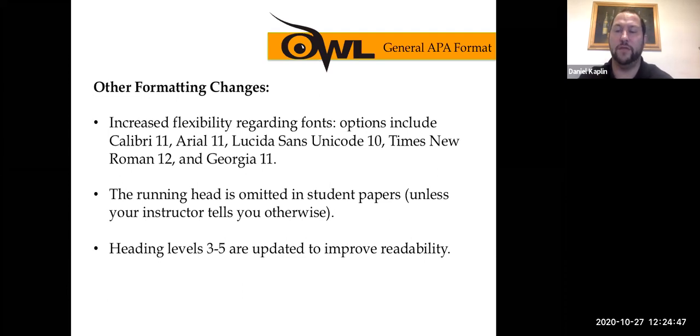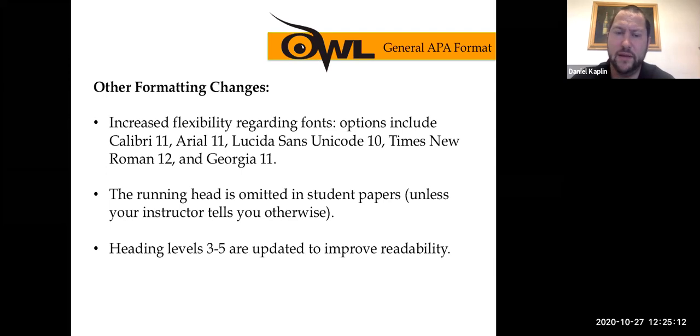However, one of the interesting changes in formatting is that there are a whole bunch of other fonts that APA Style has now said you can use, including Calibri and Arial 11, which are actually the default for many word processing files.